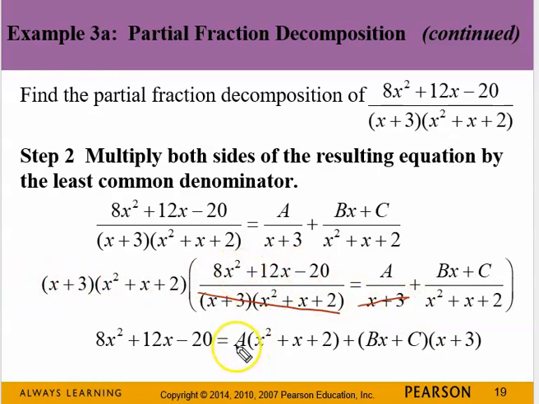So we're left now with a times this, which is what is shown right here. Now, notice the quadratic cancels out now, and then we're going to put in parentheses bx plus c times x plus 3. Again, there's a lot of algebra going on here.